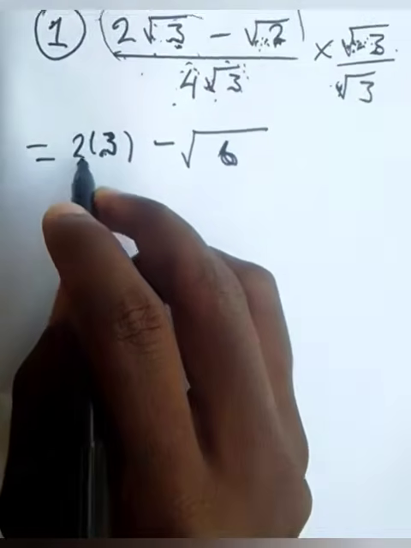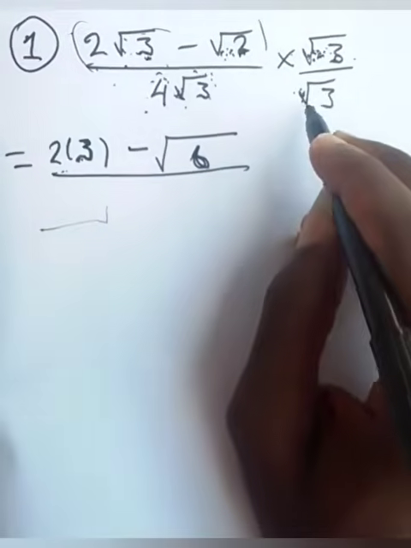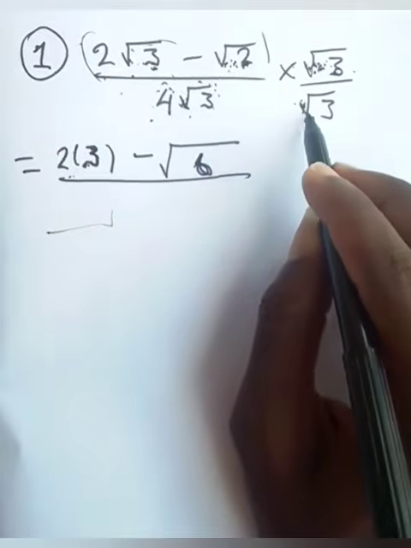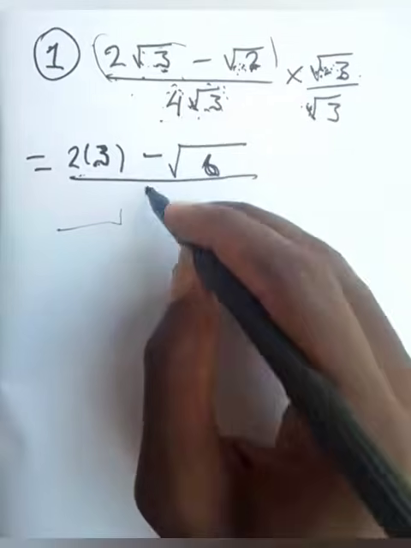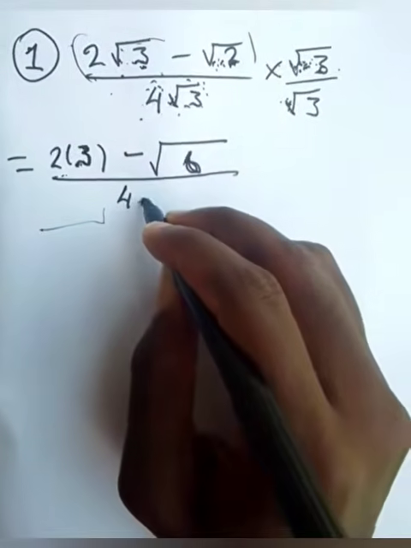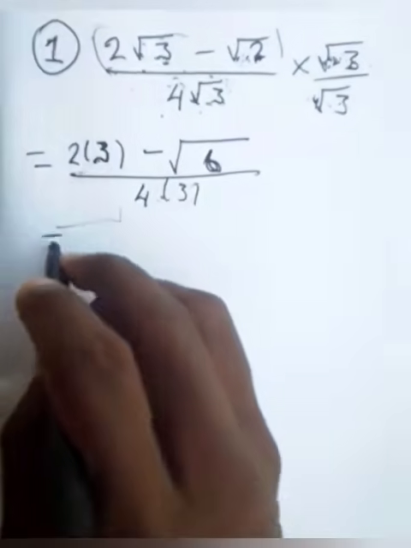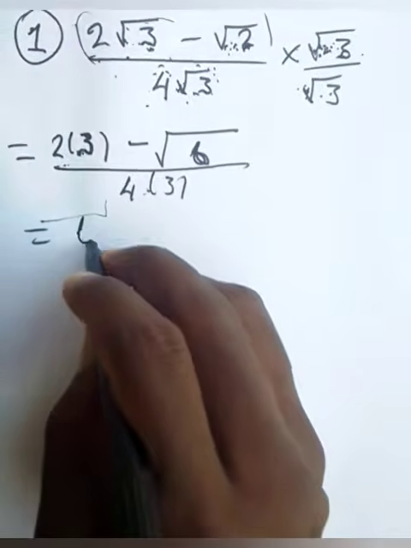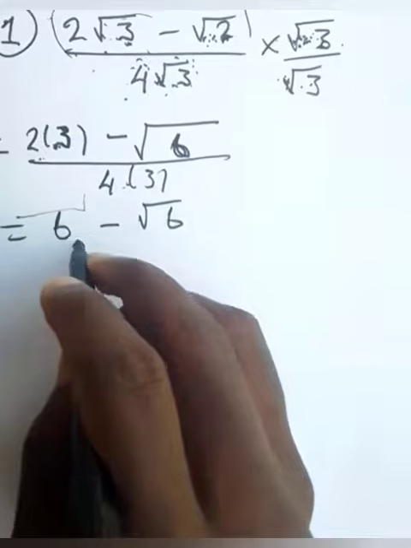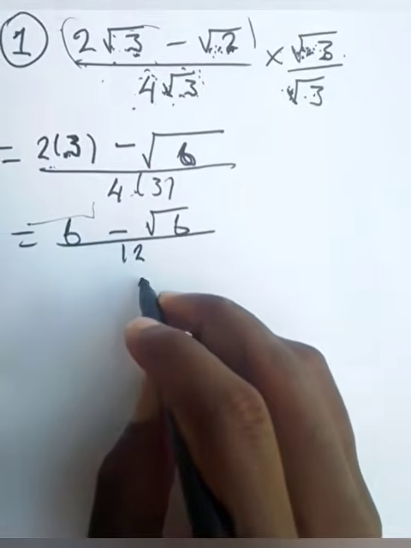Yeah, so we've multiplied the numerator part, and now let's multiply the denominator. This times this is going to be 4. This times this will be 3, right? So this is going to give us 6 over, that is 12, right?